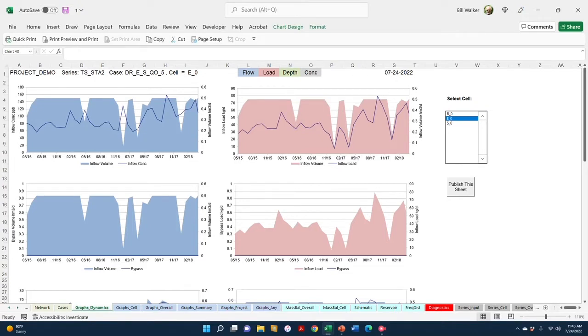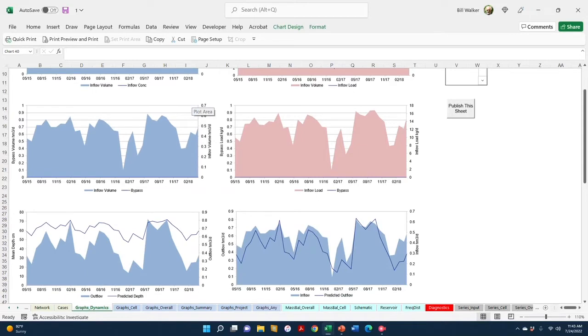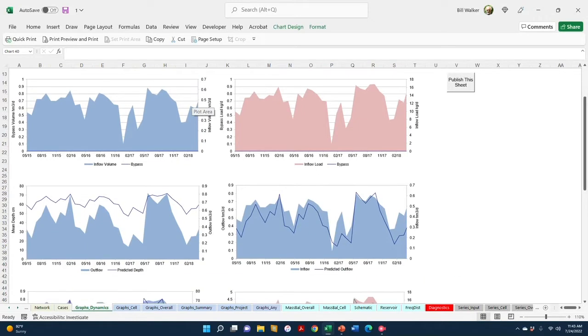Immediately downstream of the reservoir, the inflow time series concentrations are not as variable, and they're even less variable for the inlet to the SAV cell. So the reservoir stabilizes both the flow and the inflow concentration.